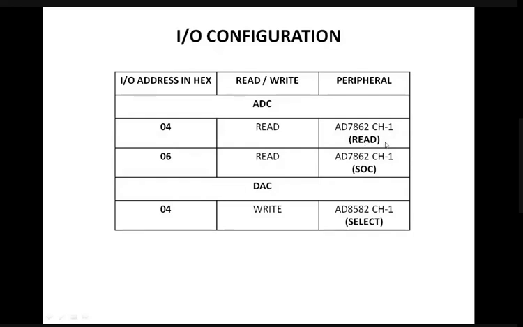After performing convolution, Y of n will be given to the DAC. The DAC output is given to the loudspeaker. Okay, so the ADC and DAC specification is given, and the port address of the ADC is 04 and the port address of the DAC is again 04. And this is the ADC which we are using, and this is the DAC which we are using in our kit for understanding.